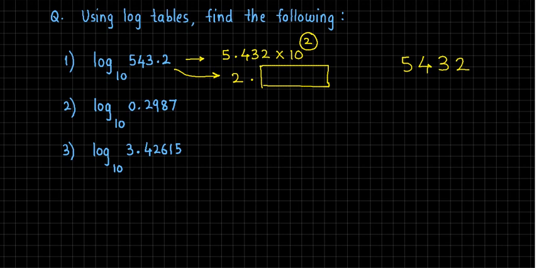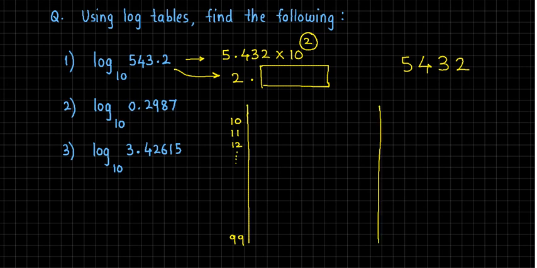Now open the log tables. What you will find is, on the leftmost side, the numbers written starting from 10, 11, 12, and they go up to 99. Then you have 2 sections.